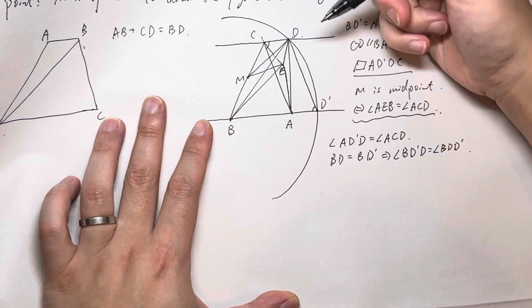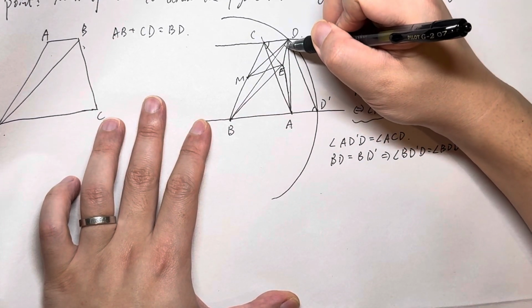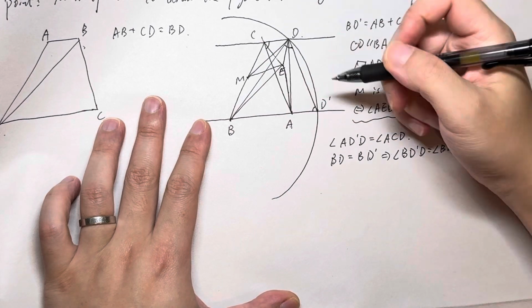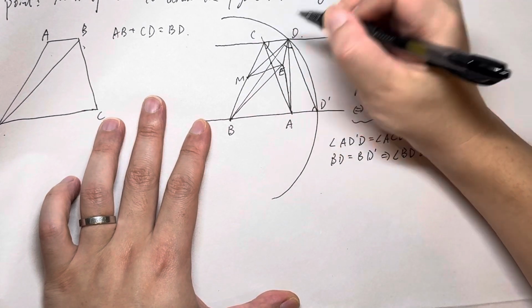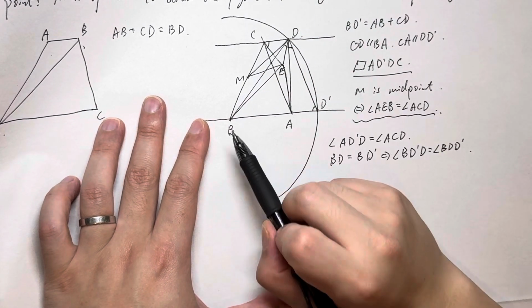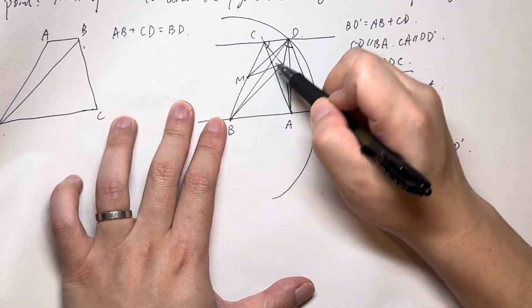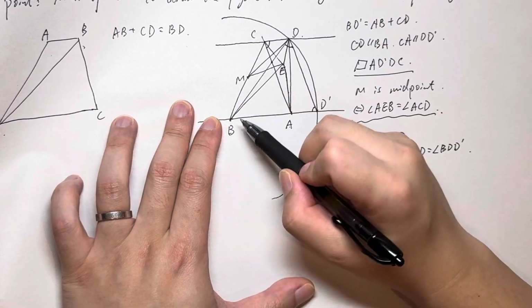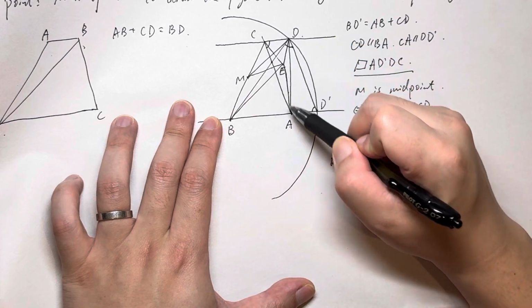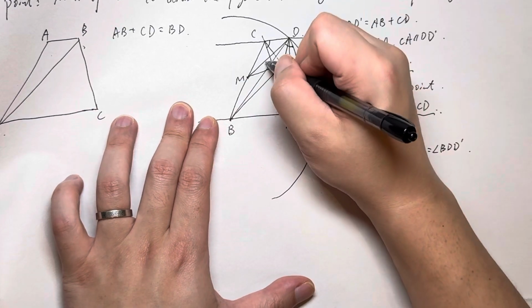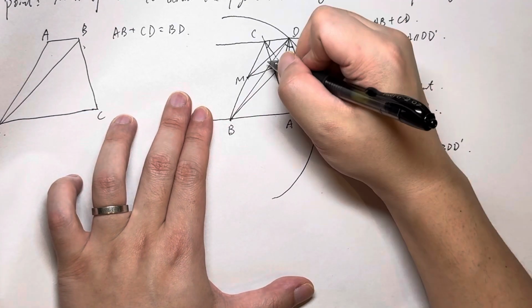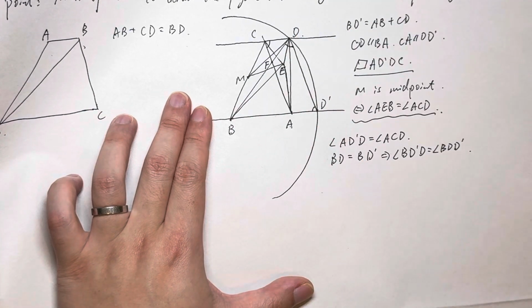That just reminds us that if we call this point, the intersection point of BD and CA, F, right?